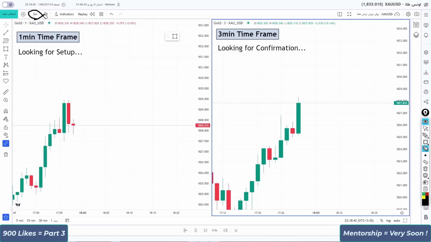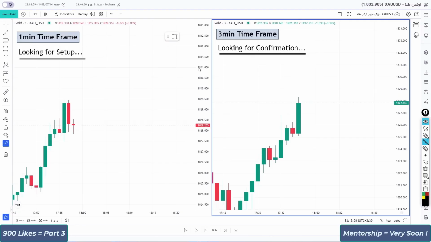time frame. As you'll remember, we look for the setup at the 1 minute time frame, and then we look for confirmation, which is an engulfing pattern, at the higher time frame, which in this case is the 3 minute time frame.